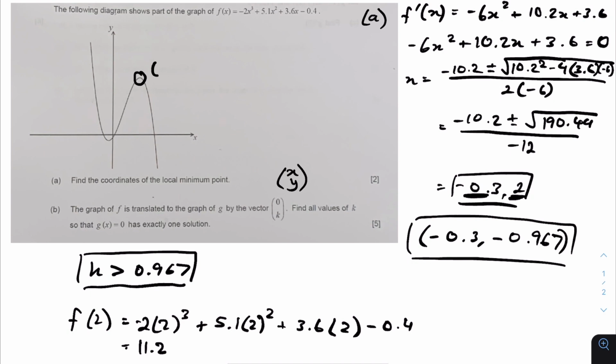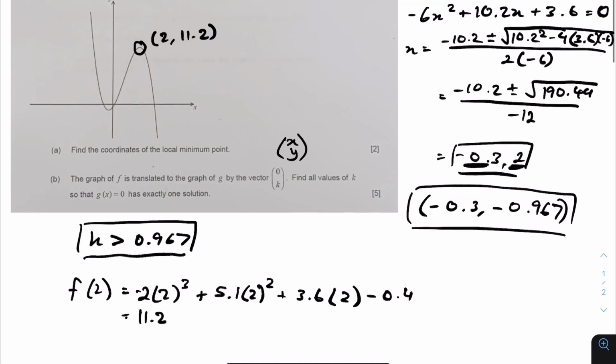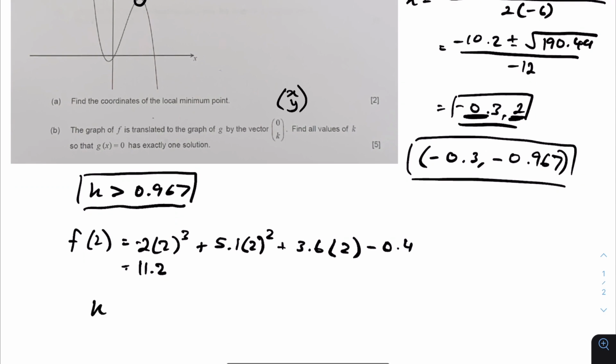So this coordinate here is 11.2, which means that the other solution is if k is less than negative 11.2.